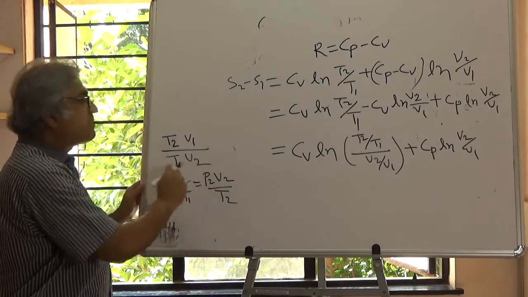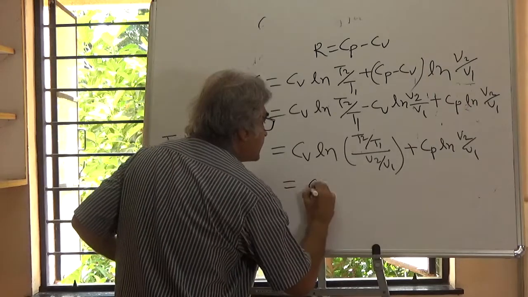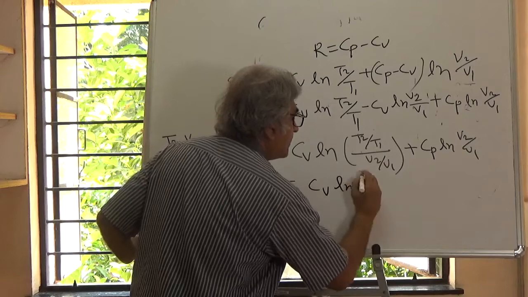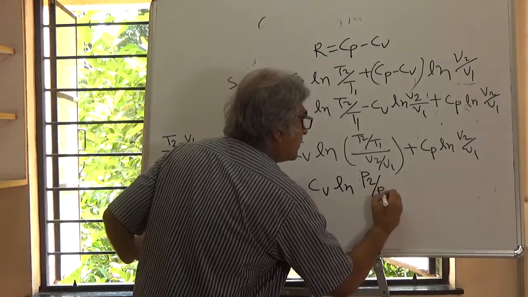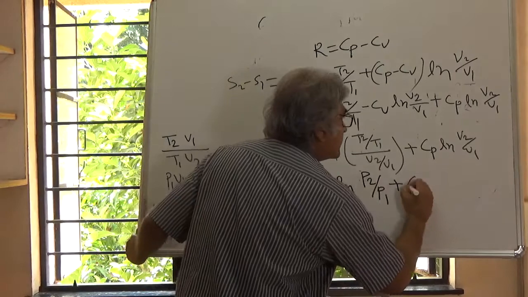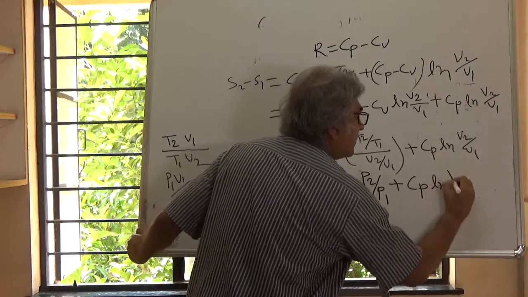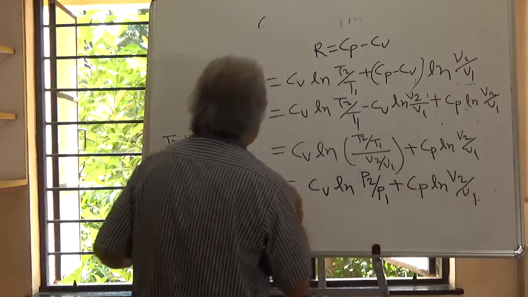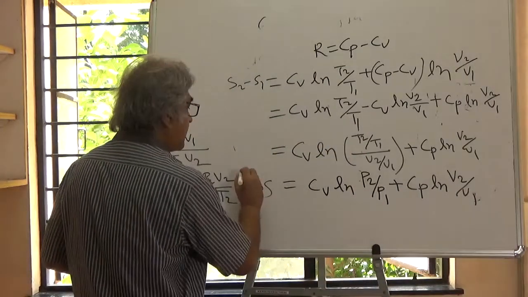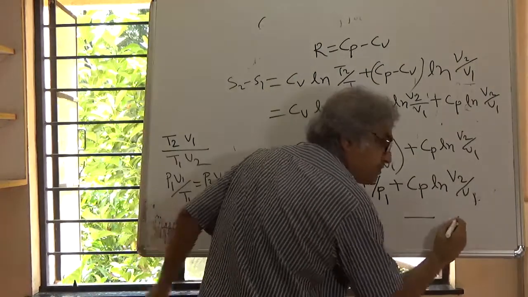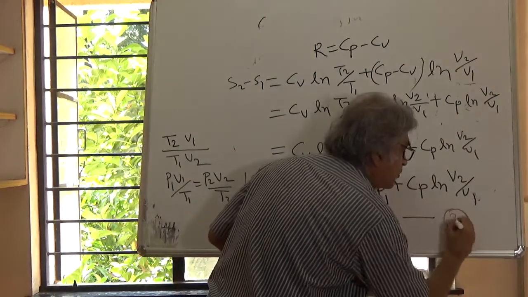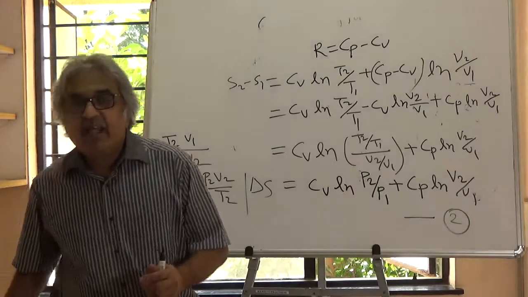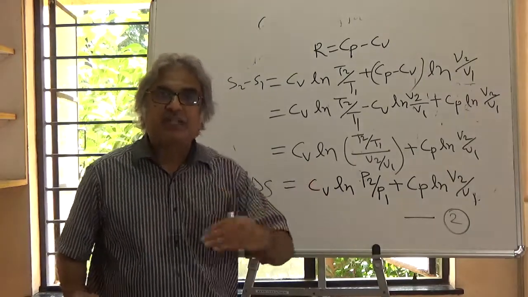So I can write this as Cv ln P2 by P1 plus Cp ln V2 by V1. So this is again delta S, and this is your expression 2. Okay. We'll have one more expression, and that we will do in the next video.